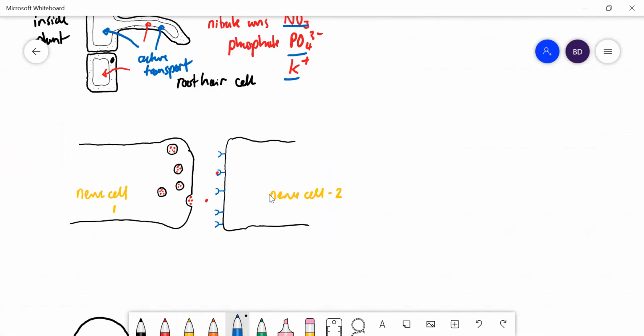This gap is called the synapse. So it's an electrical impulse, and how does the nerve impulse jump across the gap? Well, if you've done it, you probably realize that at the end of the cell you've got these vesicles, and those little red dots are neurotransmitter molecules.